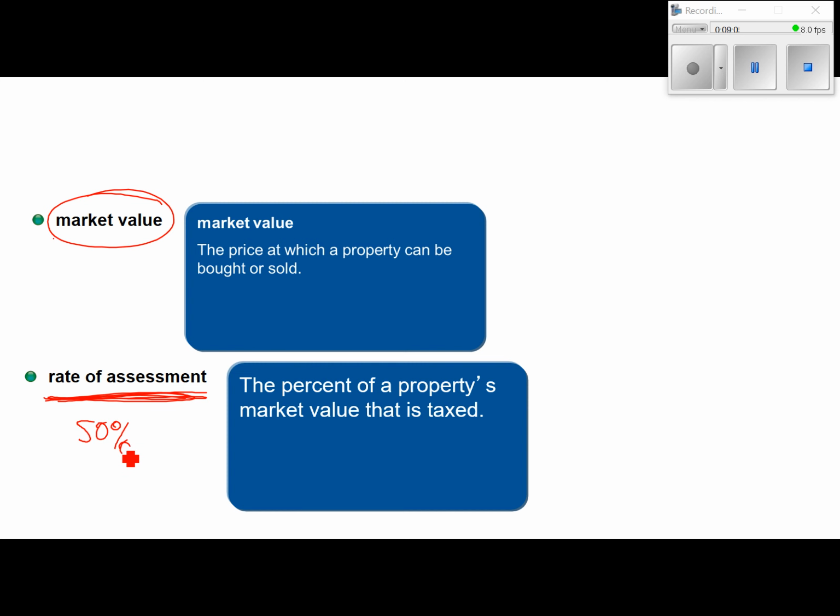It's just different everywhere. You just have to know how it works for your certain area, wherever you're buying this house. So with their rate of assessment, they're going to take the tax on just 50%. They're not going to charge you for the whole value.